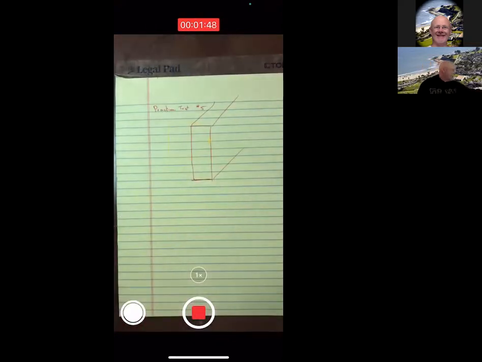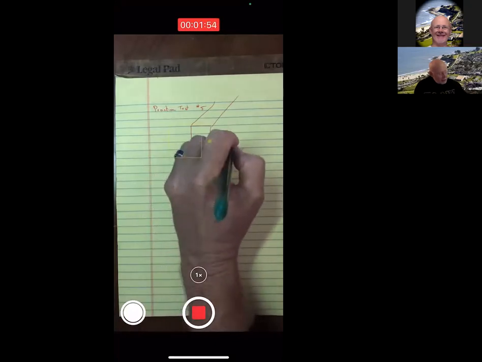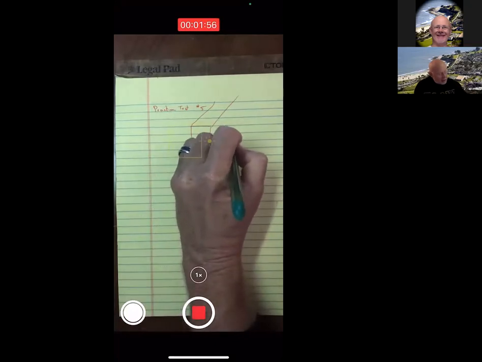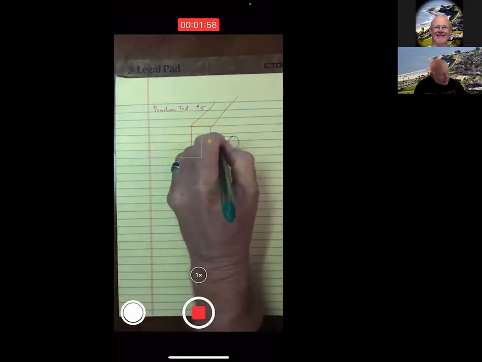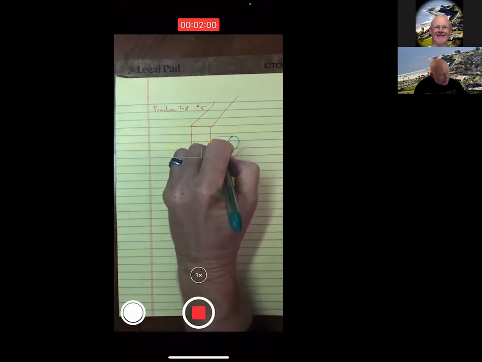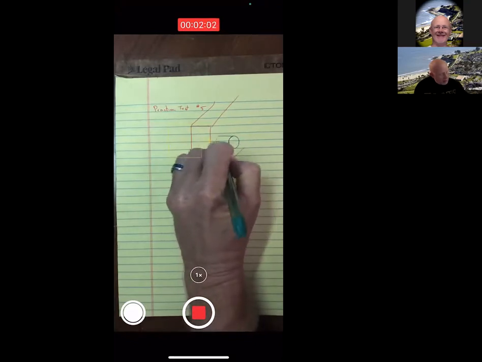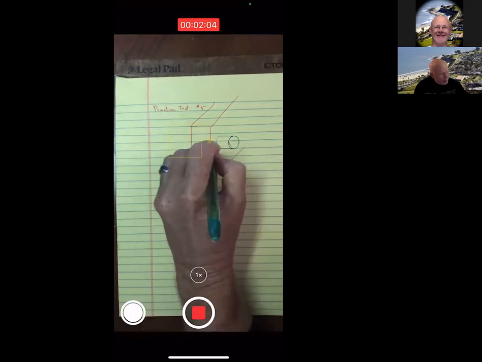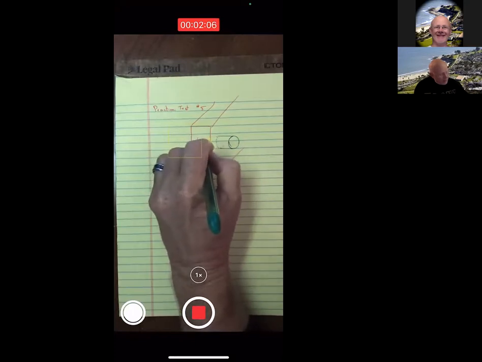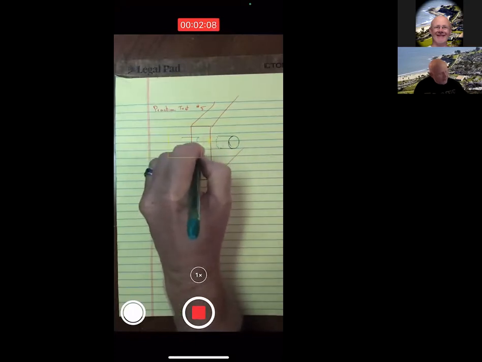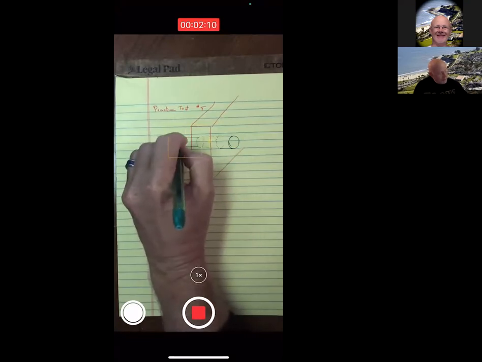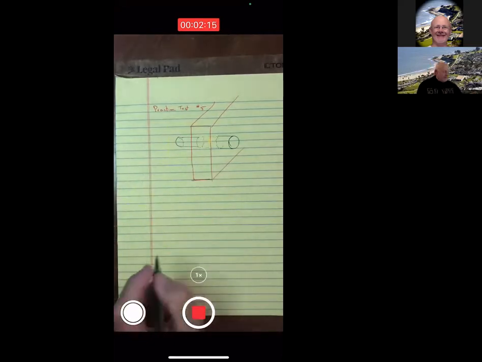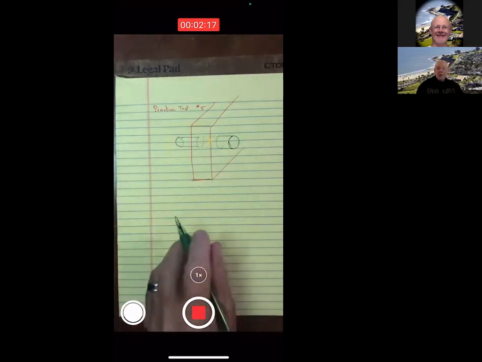But the real key, and kind of what the picture is trying to show here, is to draw a Gaussian surface that cuts through the slab and is kind of centered up on each side.